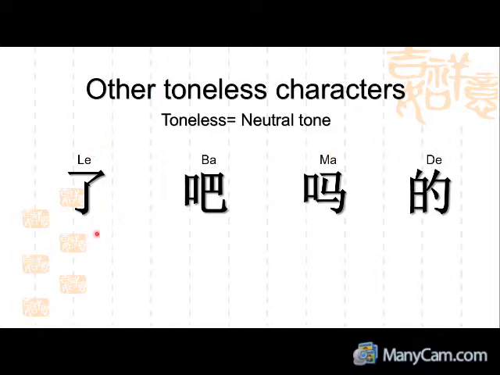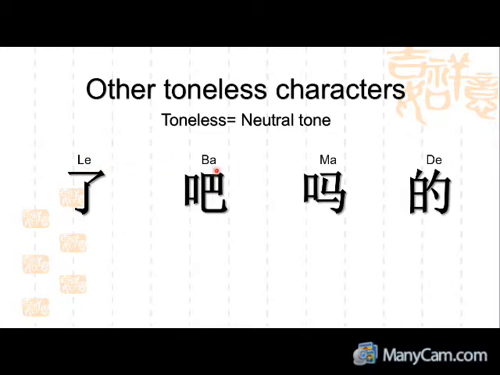So the first one is just like saying the English equivalent of a short-toned L, as in L, and it's just L. The second one is ba, not B, but ba.